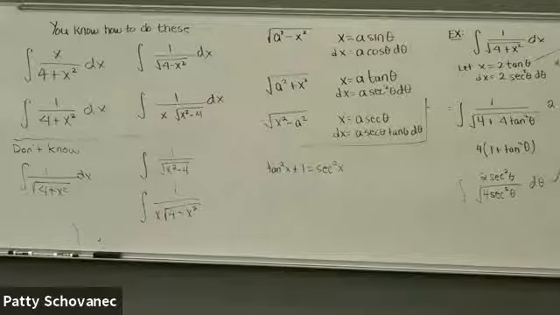Now let's work under the radical sign, factor out that 9 so that we have a secant squared minus 1, and replace secant squared theta minus 1 with tangent squared theta. That's now under the radical sign. We rewrite it so you can see it.